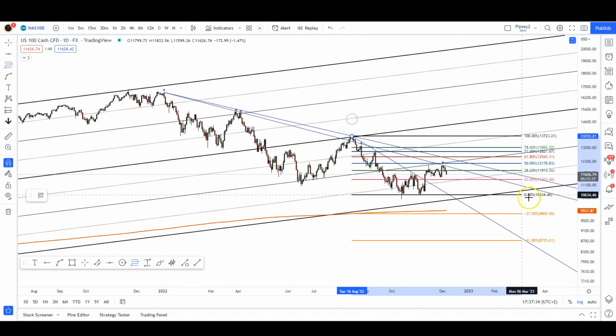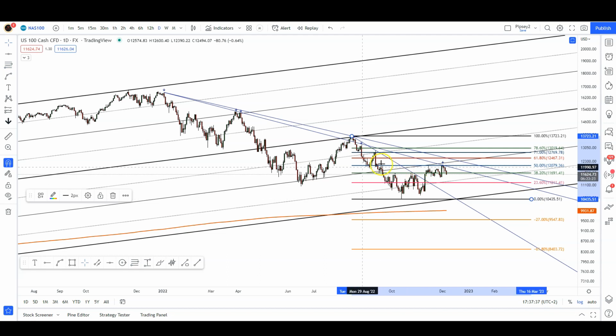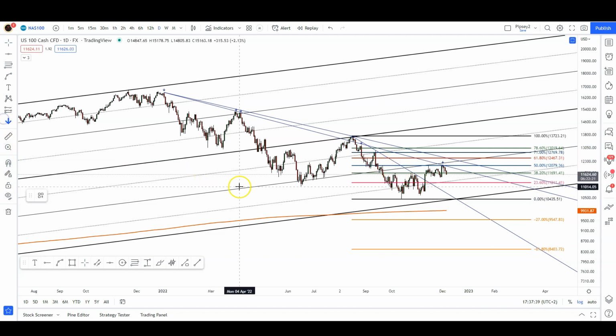Also tapped this 50% area, found resistance there once, twice, thrice, right? So what else am I looking at now?